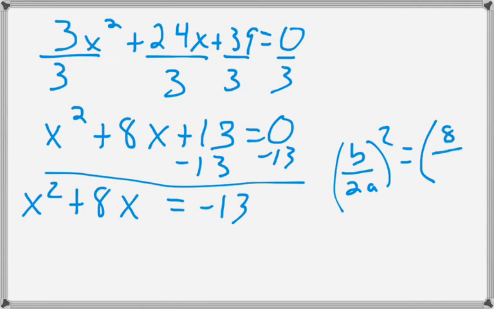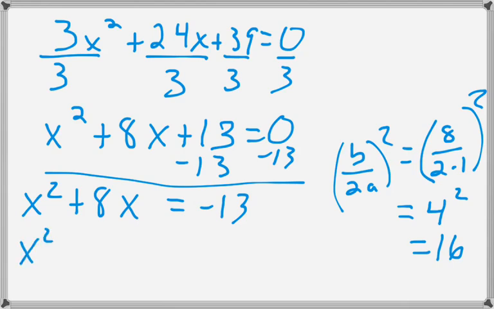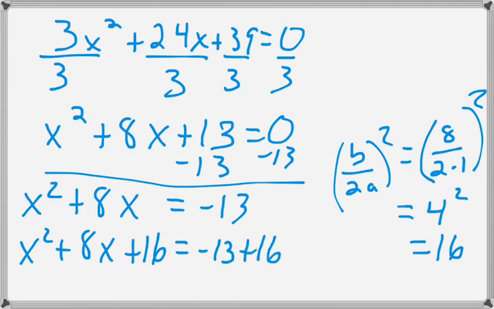So b is 8 and a is 1. So we have 4 squared, which is 16. So we're going to add 16 to both sides. And then this is what I was mentioning before.